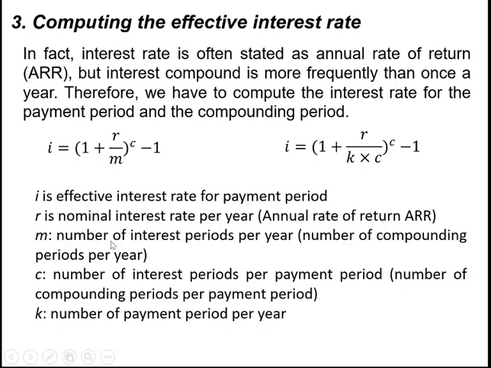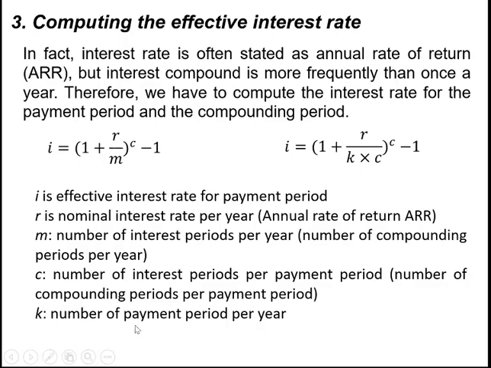m is the number of interest periods per year, or the number of compounding periods per year. Small c is the number of interest periods per payment period, or the number of compounding periods per payment period.